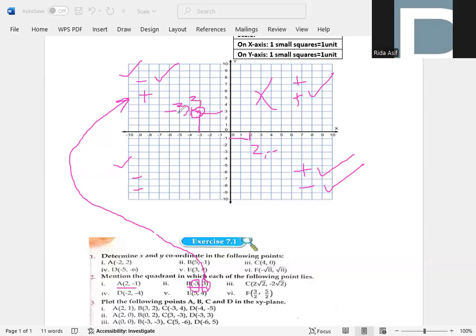Clear? That means if we have negative x-axis and positive y-axis, the answer will be second quadrant. This point is going to lie in the second quadrant. Now, I hope that all these points are clear to you.